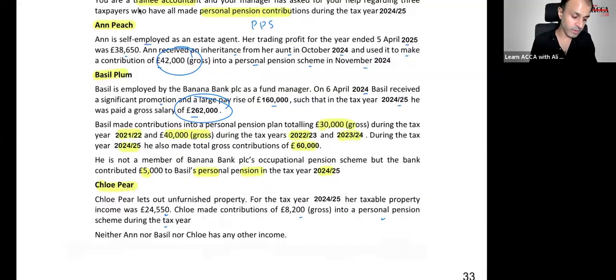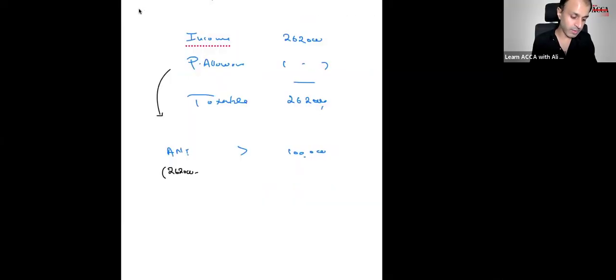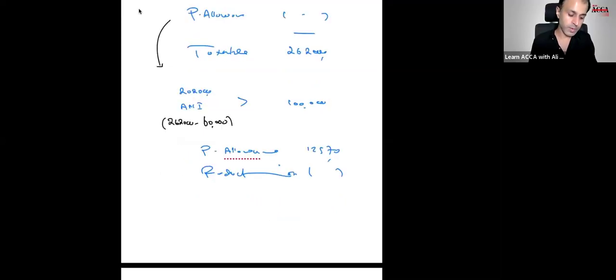Gross PPS is 60,000, sorry, by himself 60,000 is what he has been contributing. So ANI has turned out to be 202,000. When I go to achieve that reduction in the personal allowance, it's going to be too huge. 202,000 minus 100,000.